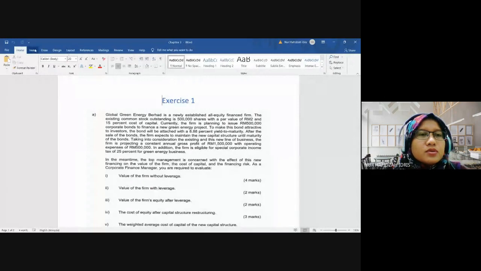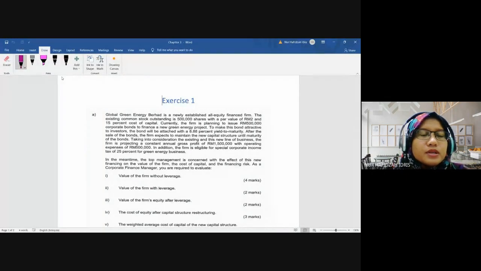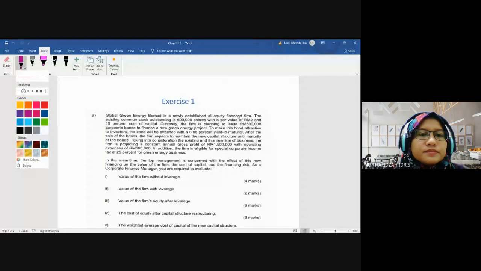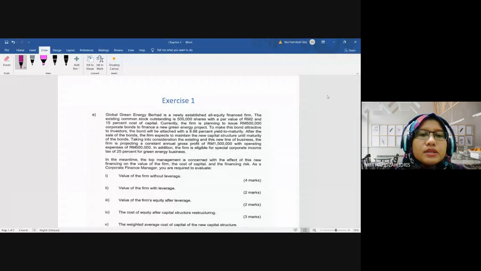Okay, so M&M. The question: Global Green Energy Berhad is a newly established all-equity financed firm. It is mentioned here all equity, that means at this moment all the value of this firm is based on its equity.